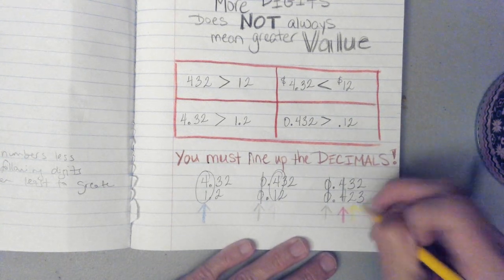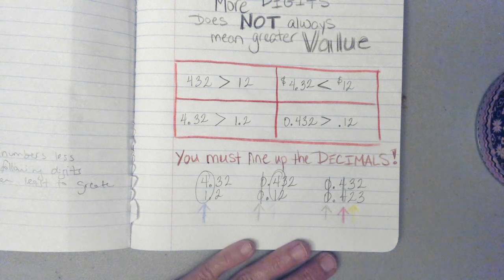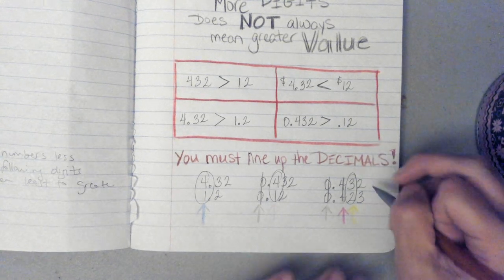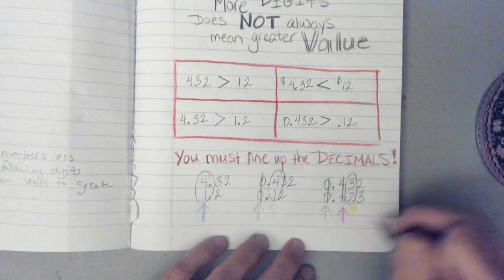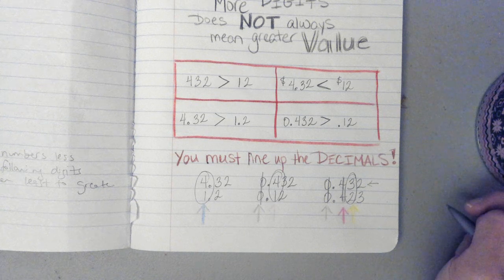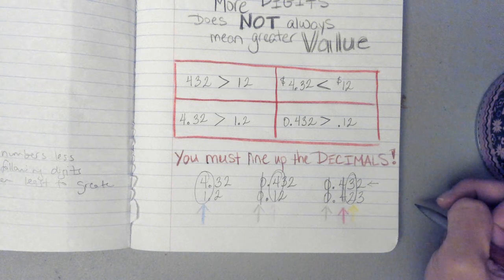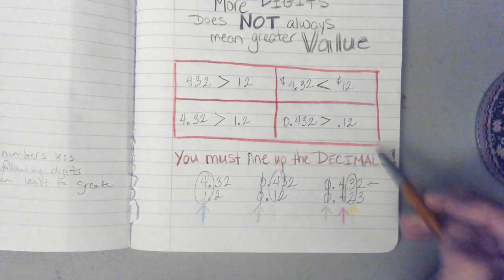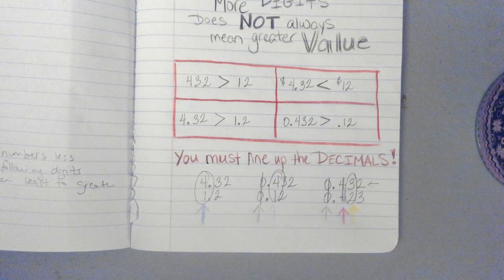My next spot there is the hundredths place, and 3 is greater than 2. So 432 thousandths is greater than 423 thousandths. It's not on my chart here, but that was just like a bonus example for you.